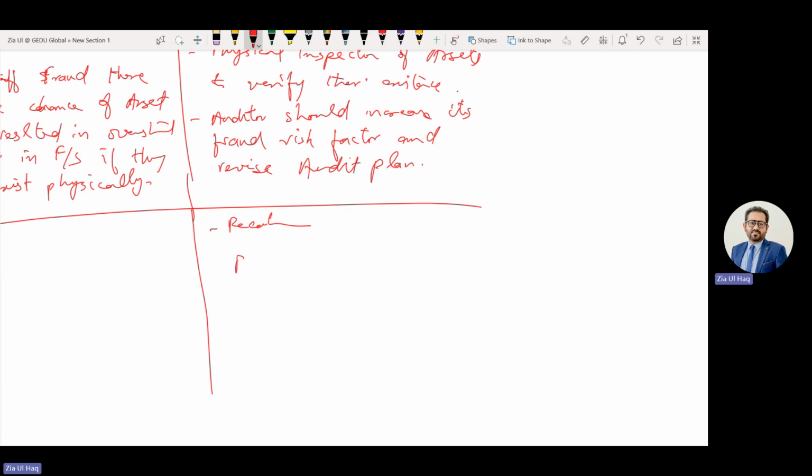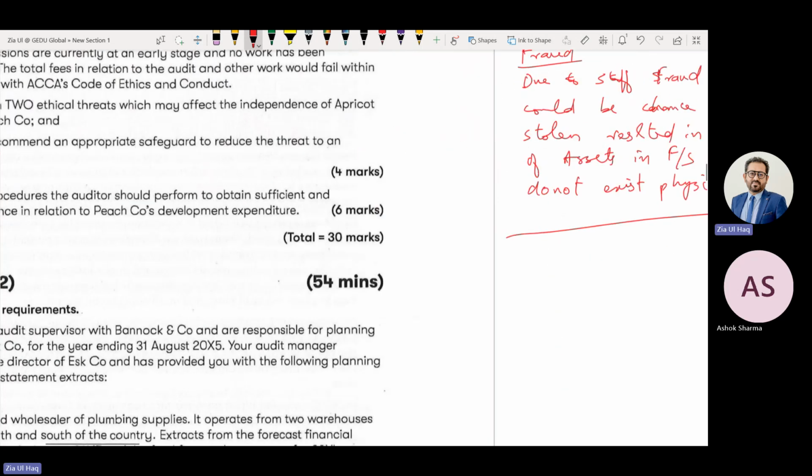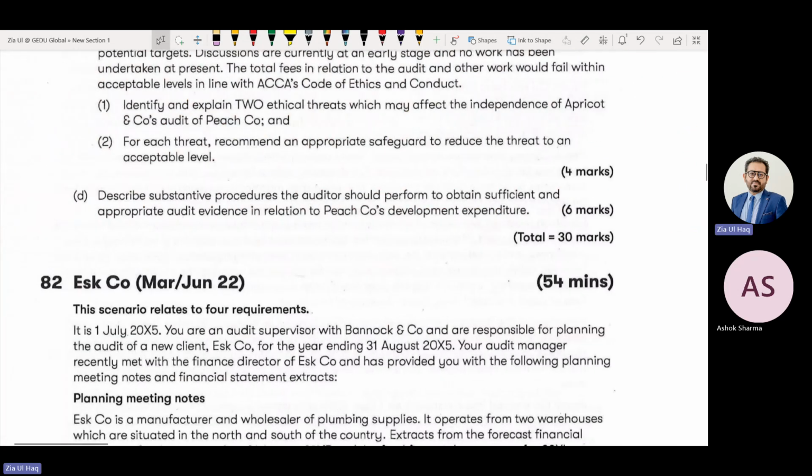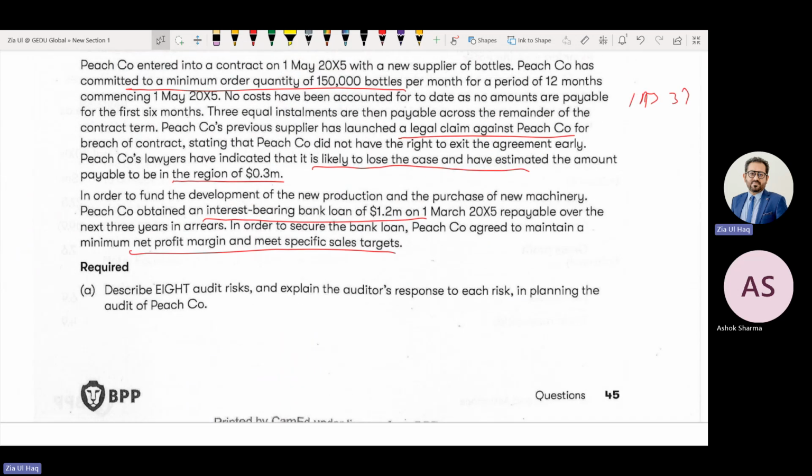Review financial statements to ensure classification of current liabilities and non-current liabilities amount. That is a good enough response. And this was a difficult question from where we are able to identify the exact risk.